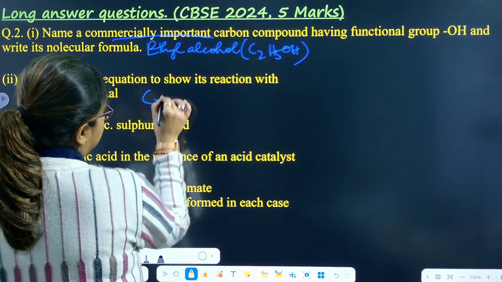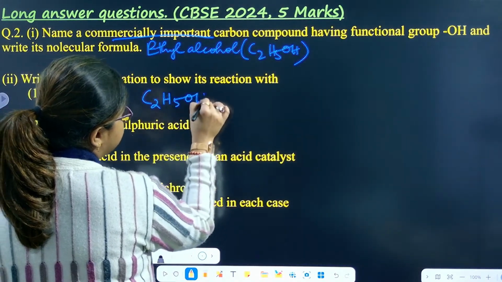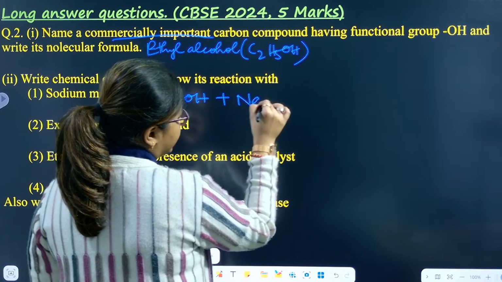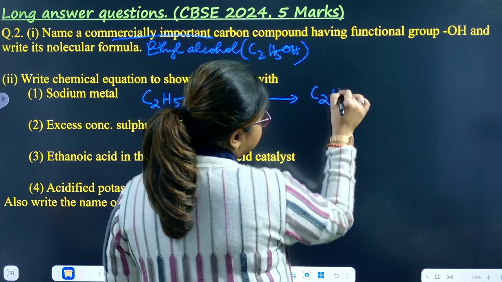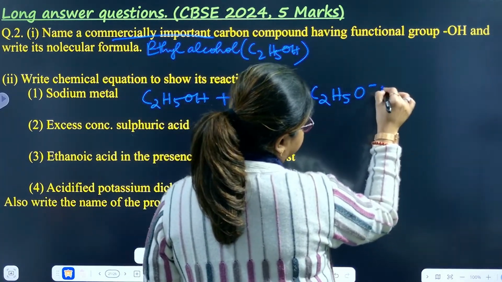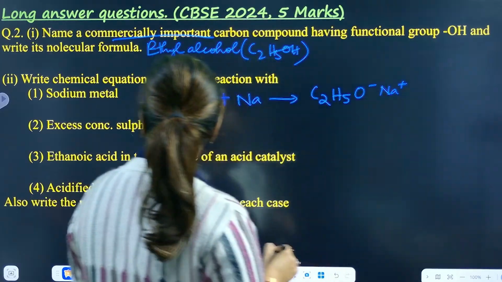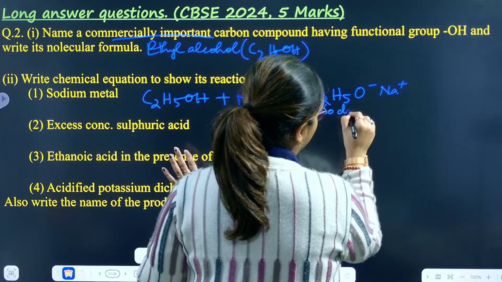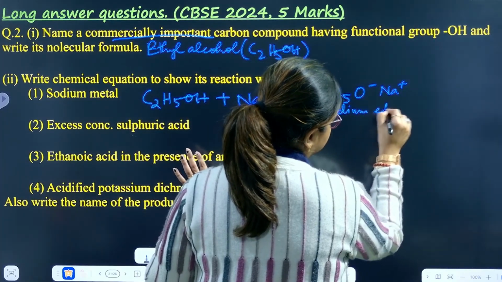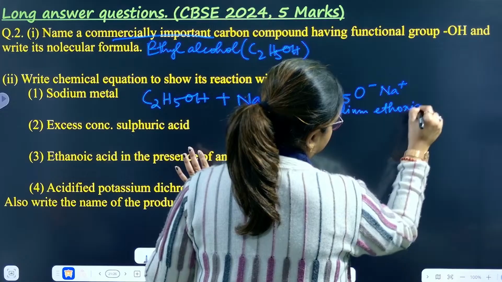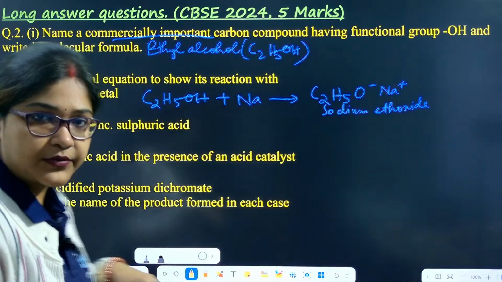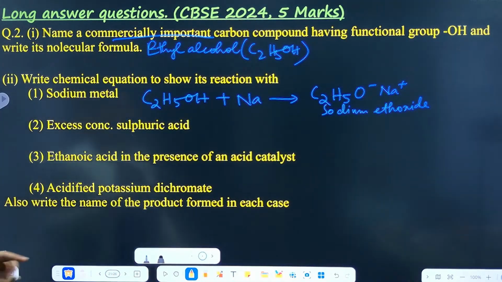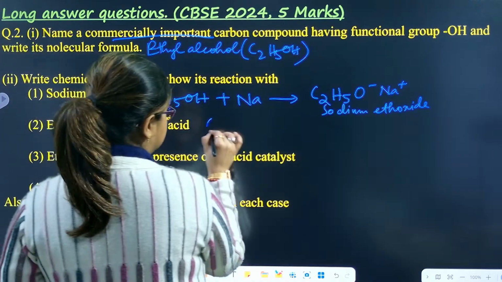Ethyl alcohol, when it reacts with sodium, it generates sodium ethoxide. So this is sodium ethoxide, right?